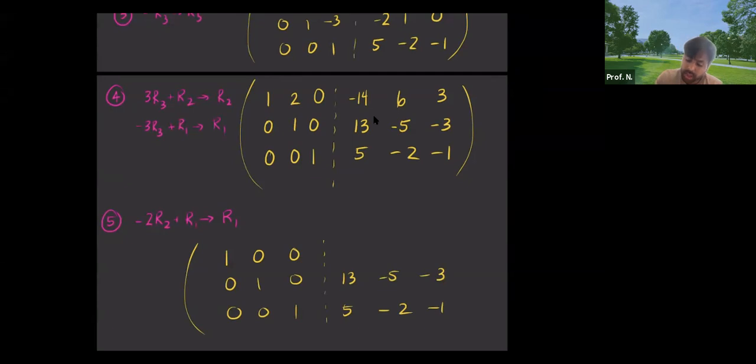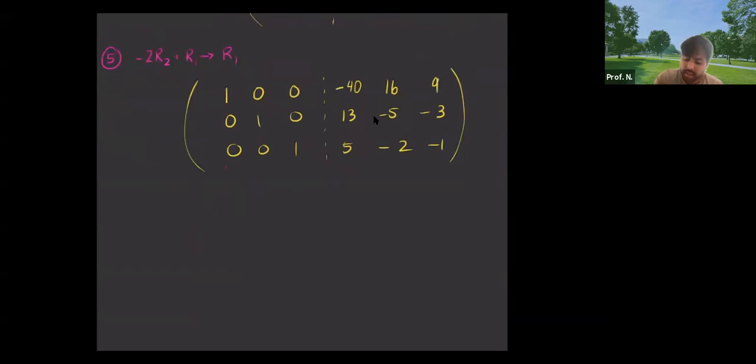And then when you multiply by -2, I get -26. -26 minus 14 is -40. And this becomes 10 plus 6, which is 16. And then 6 plus 3 is 9.